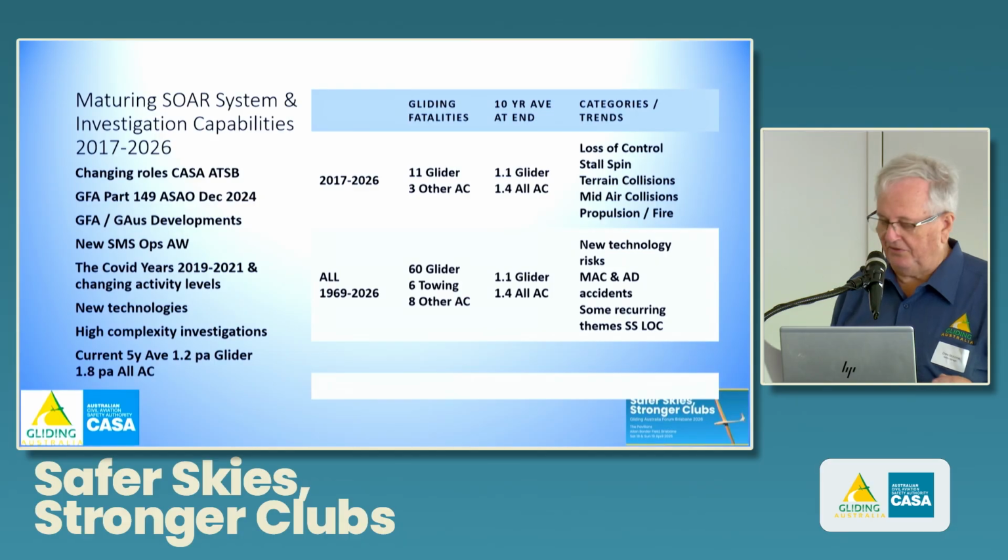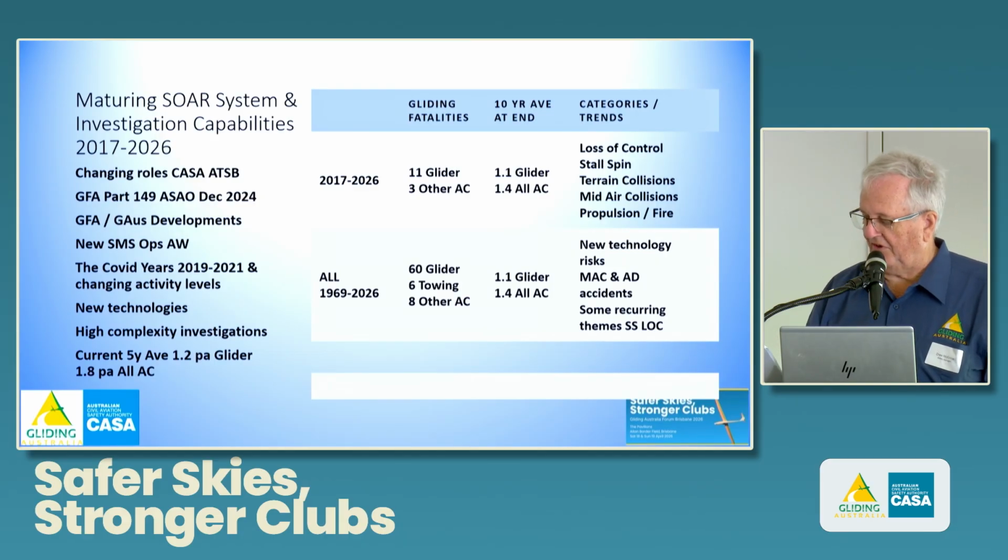Now we've got these maturing capabilities, maturing systems of data collection and analysis. But despite concerted efforts, we've still had bad years and more fatalities. Categories of concern now include loss of control, stall spin, terrain collision, mid-air collision, and some notable accidents involving airworthiness, propulsion systems, in-flight fire, and so on.